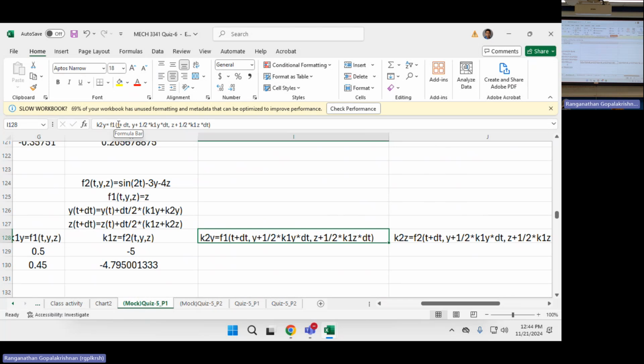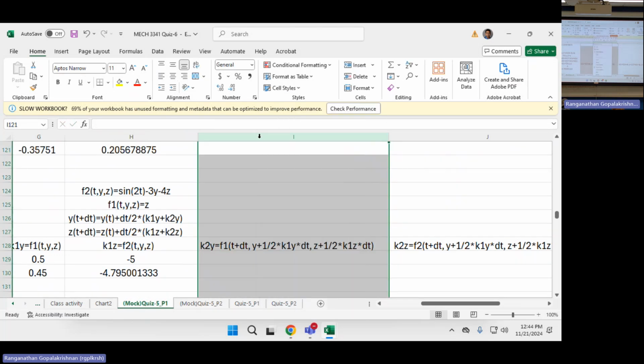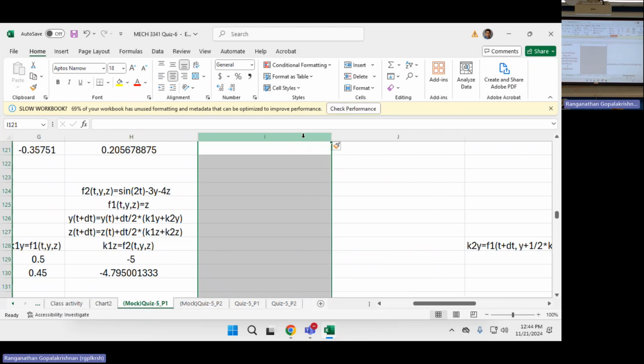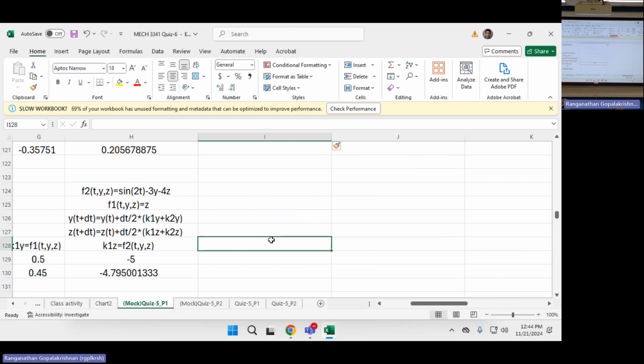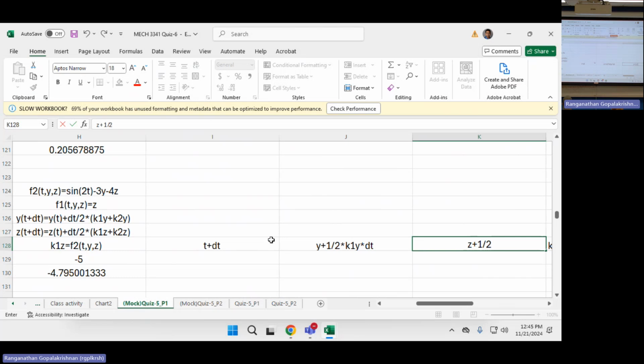As a tip to keep it clutter free, I would suggest that you create 3 columns: t plus delta t, y plus half times k1y times dt, and then z plus half times k1z times dt.